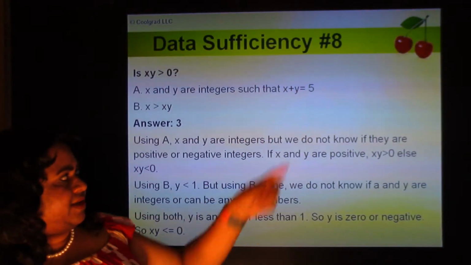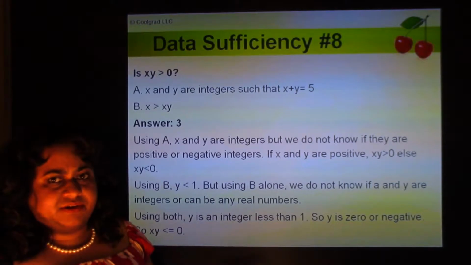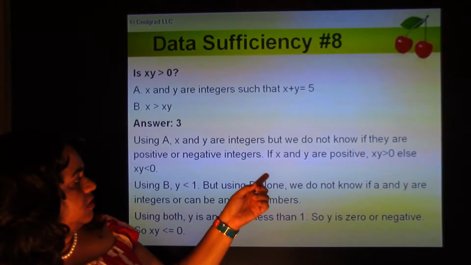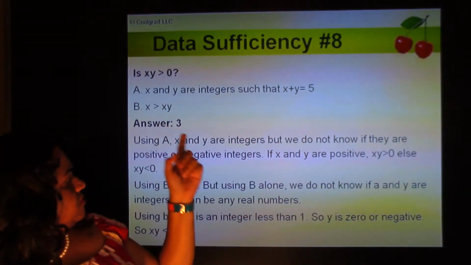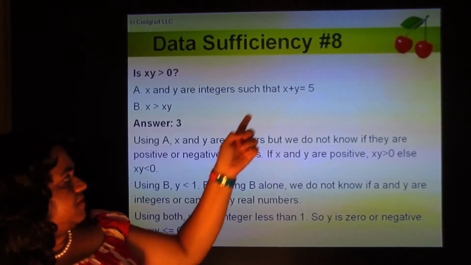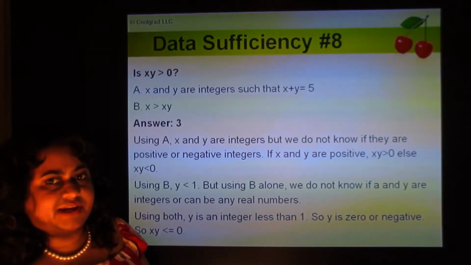So it says x plus y is equal to 5. So x can be, for example, minus 3 plus 8. We get 5, right? So if x and y are positive, xy is greater than 0. Else xy is less than 0. Just because it says x plus y is equal to 5, we still don't know whether they are positive or negative integers.